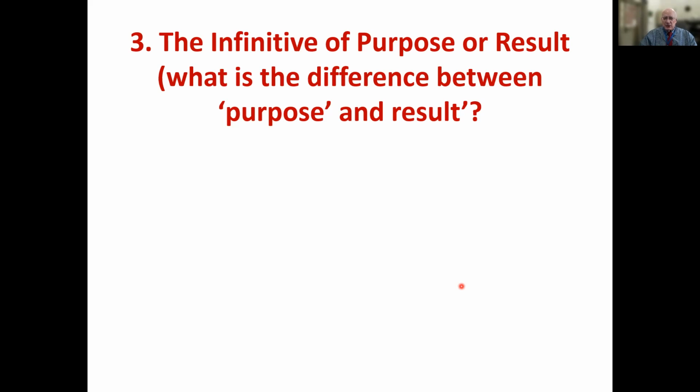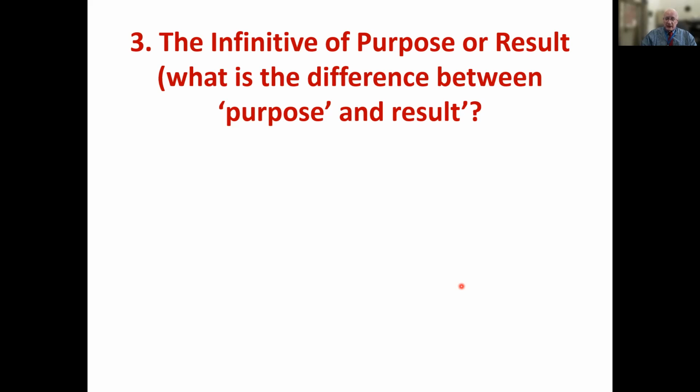But to answer this question, what is the difference between purpose and result? Purpose is when someone does something on purpose, with a purpose. Why did Opa want to fall out of the bed and cut his head? I didn't want to fall out of the bed, but she makes it sound like I wanted to. Purpose or result? Opa fell out of the bed and cut his head.